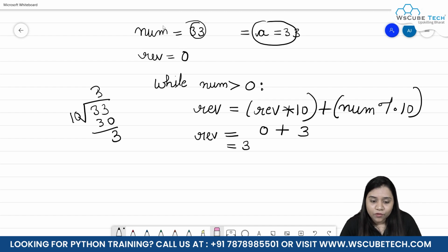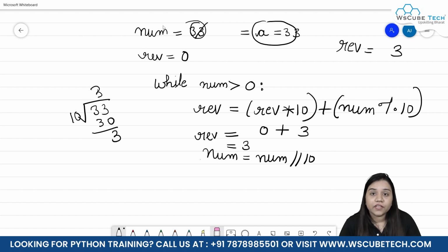Okay. Second thing, what I'm going to do with the number, as we have obtained 3 as of now inside our reverse variable, I will be eliminating one 3 from here. To eliminate that, I will be writing number is equals to number floor division 10. If I floor divide the number by 10, I will be able to eliminate the last value.